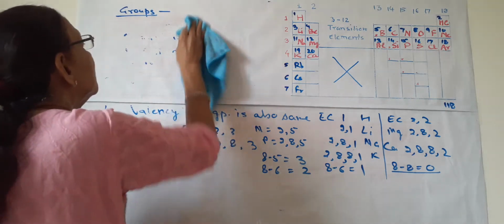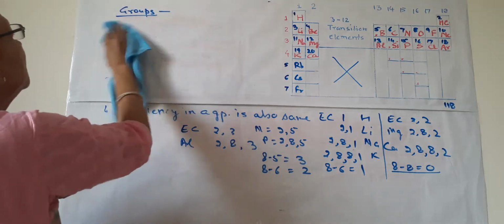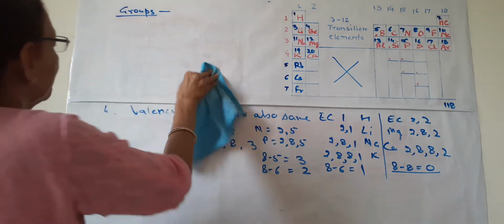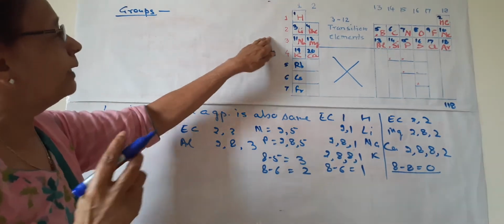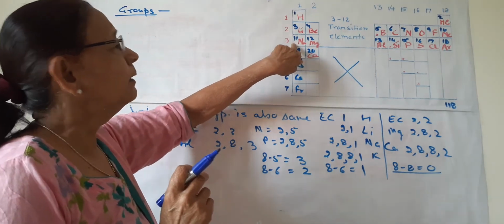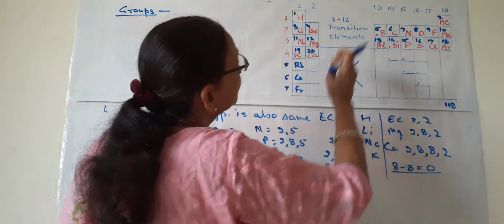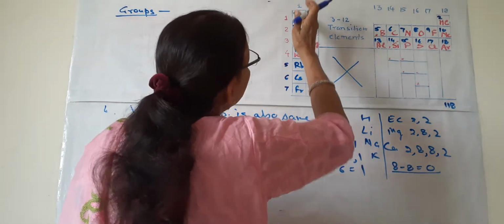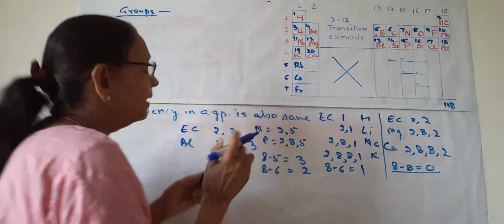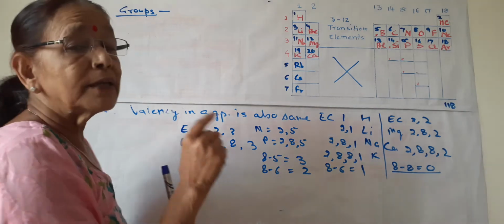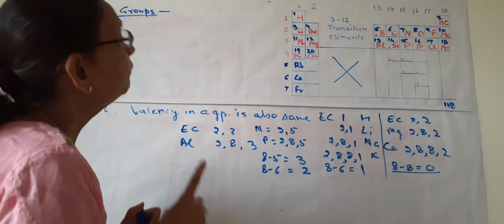It decreases as we go from left to right in a period. First we will see the atomic size in periods. Later on I will discuss this characteristic, the size of the atom in groups. So these are some of the properties of groups.